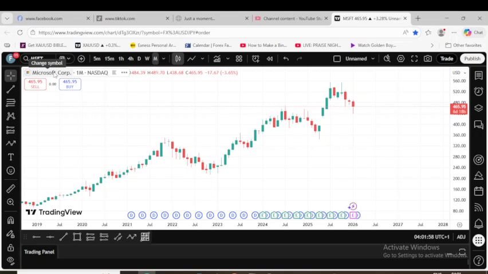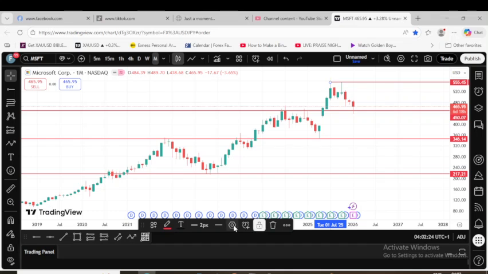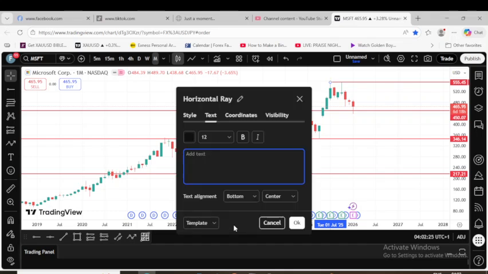As usual, we'll start by identifying our monthly zones and our monthly trend lines, and then go down to the weekly time frame to identify our weekly zones and weekly trend lines, before going down to the daily time frame to identify our daily zones, our daily trend lines, and also our trend origin in the daily time frame.